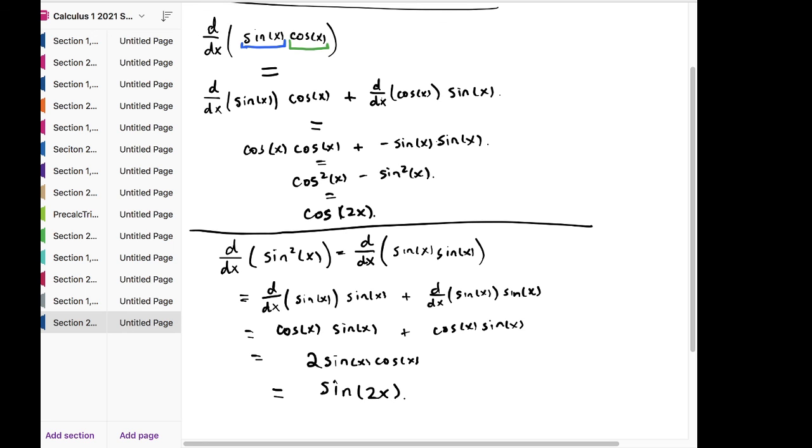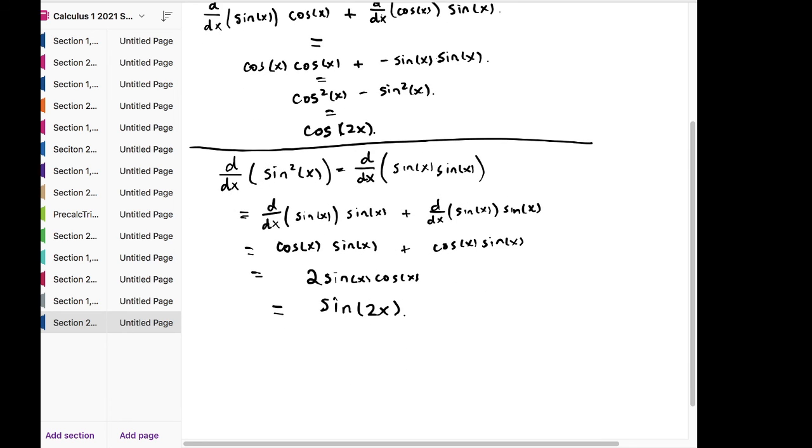While we're here, let's do cosine squared. Okay, so similar idea. Cosine, cosine.